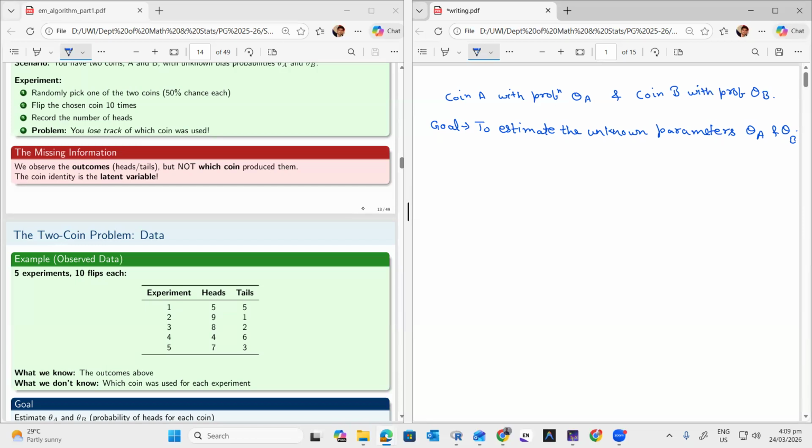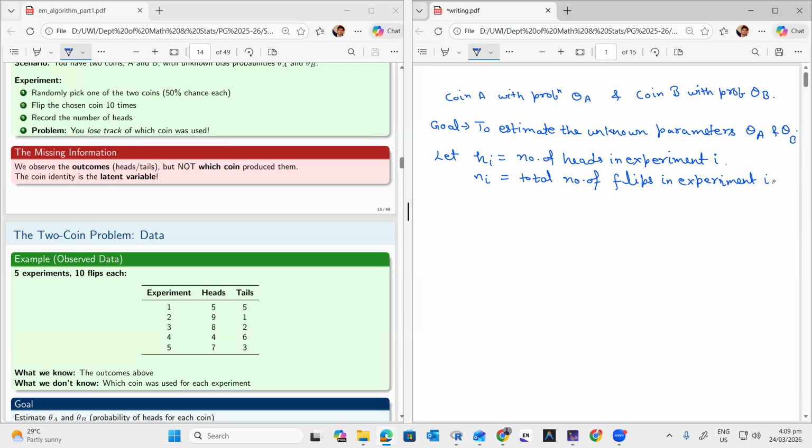Here we assume that Hi denotes the number of heads in experiment i, and Ni denotes the total number of flips in experiment i.